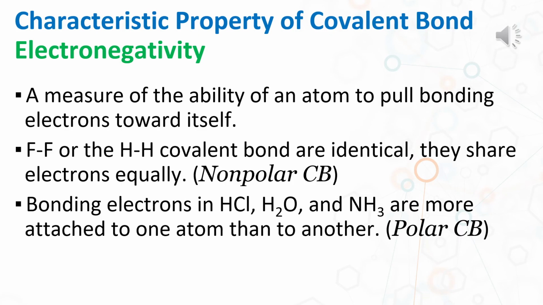But for the bonds such as H2O or water and NH3, they are polar bonds since they share a different number of electrons since they are not the same elements, okay? Because electrons are attracted more strongly by one atom, okay?